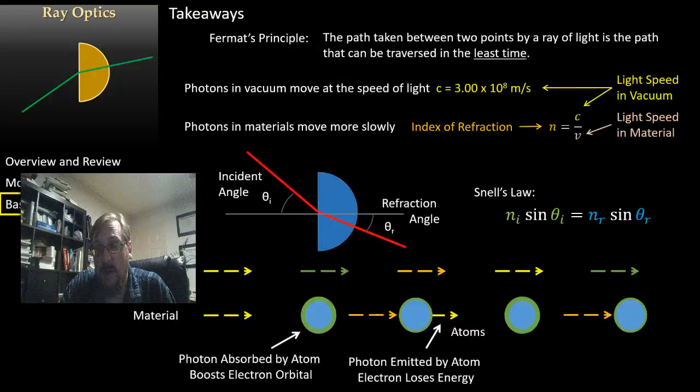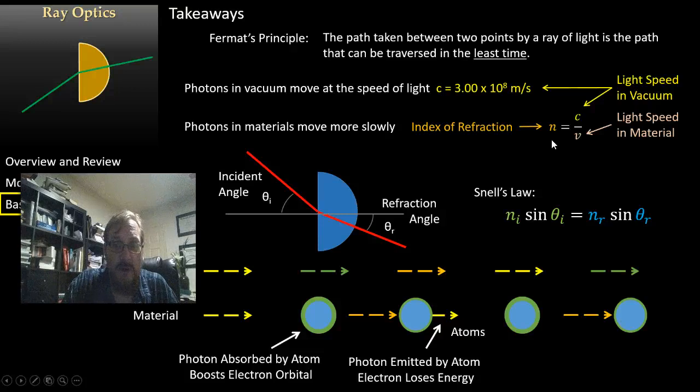All right. So what have we seen in these 3 videos, I think, at this point? We've seen that photons move in a straight line at the speed of light unless they're in a material, at which point by this absorption and re-emission process they slow down.